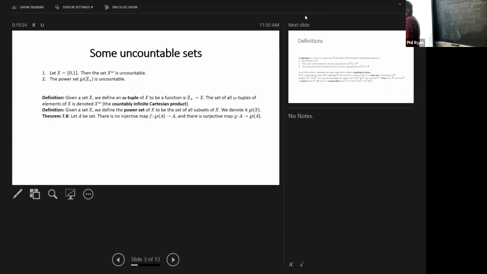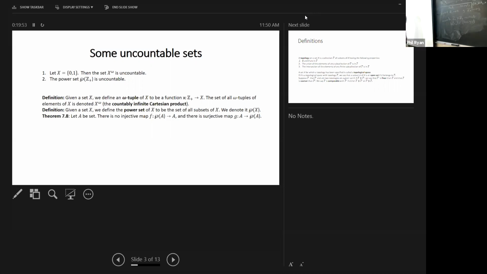We deliberately ignored the countable product of finite sets, for the reason that that's uncountable. So let X just be the 2 element set {0, 1}, the simplest non-trivial finite set.